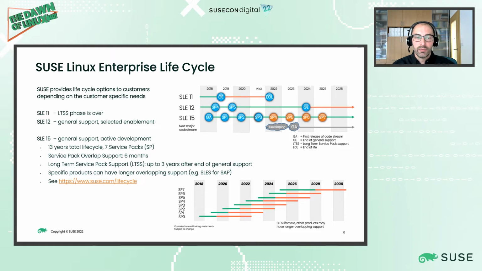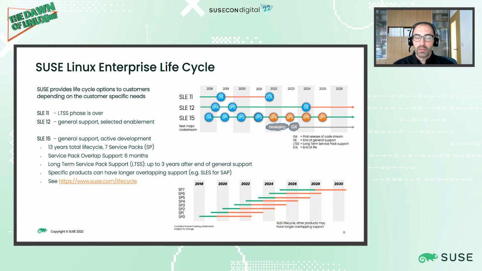SLE 15 is where most of the development is ongoing right now. So we are right before SP4, and it's around the corner, so pretty much done. And after SP4, we plan 3 more additional service packs. And the life cycle is still the same as we have had so far. So 10 years general support plus 3 years long-term support. And these 3 years of long-term support are available for each and every service pack of a SLE 15 code stream.